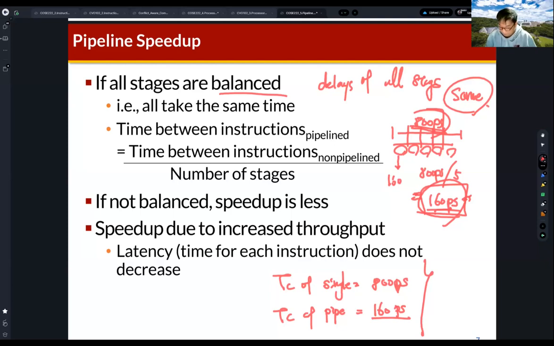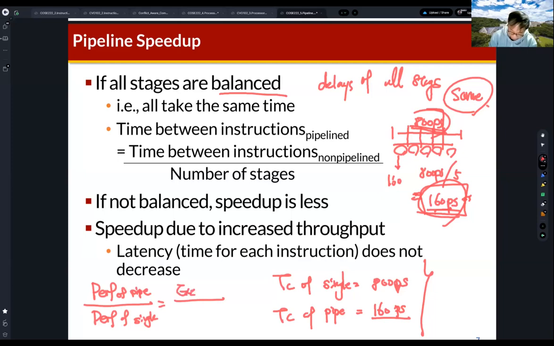Then we can compare the performance: perf of pipelining divided by perf of single. What's this?